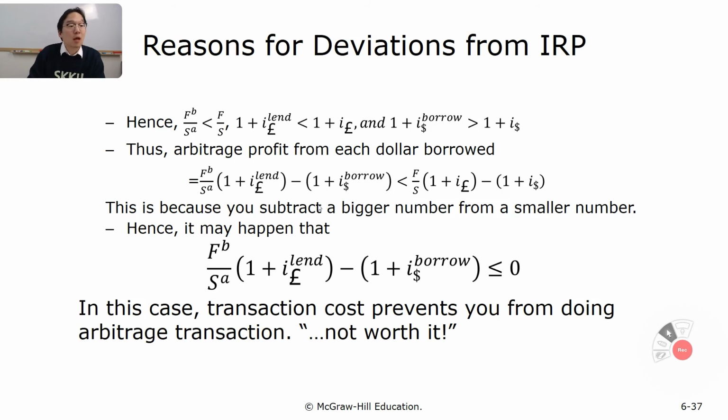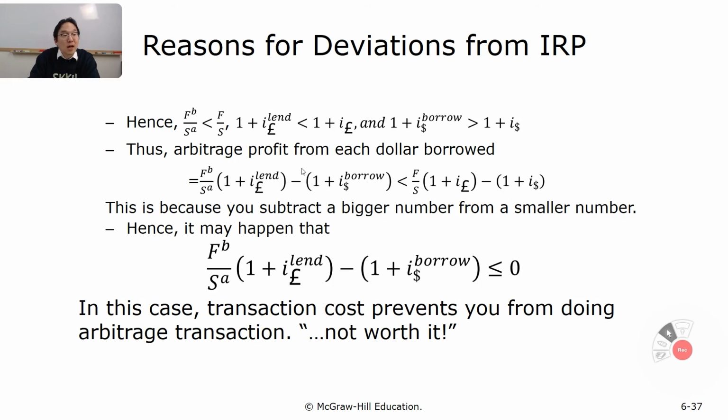Make sense? And then 1 plus the interest rate in pounds, the lending rate, should be smaller than 1 plus the midpoint interest rate in pounds. And then 1 plus the dollar borrowing rate will be bigger than 1 plus the midpoint rate.